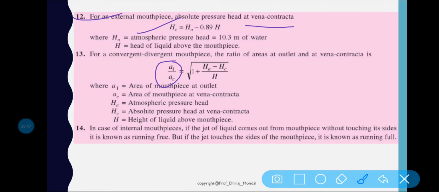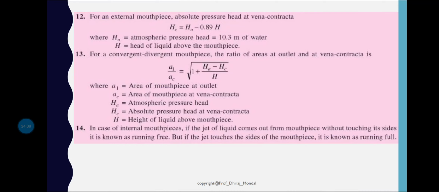Now in the case of an internal mouthpiece, if the jet of liquid comes out from the mouthpiece without touching its side, it is known as running free, but if the jet touches the side of the mouthpiece, it is known as running full. So what is the difference between running full and running free?